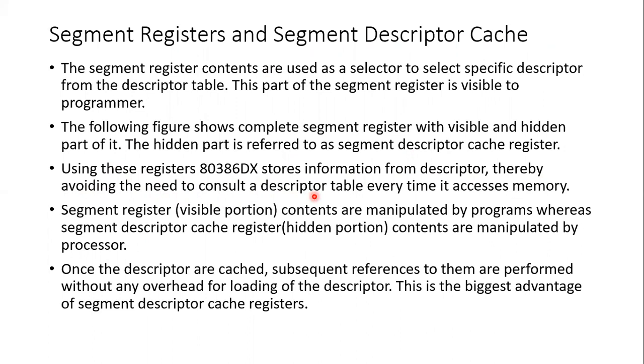Instead of consulting the table every time, it will refer to the descriptor already available in the cache memory and access those contents. This is the main functionality of the descriptor cache.